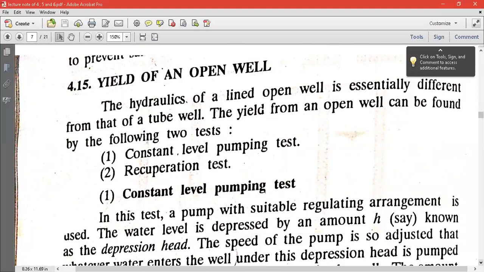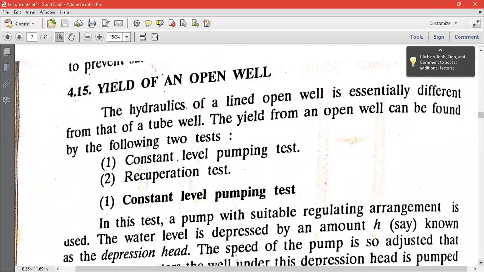Now, let us talk about the yield of an open well. The hydraulics of a lined open well is essentially different from that of a tube well.